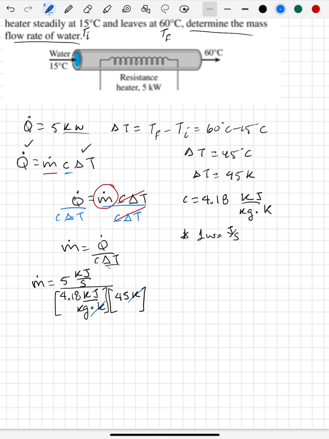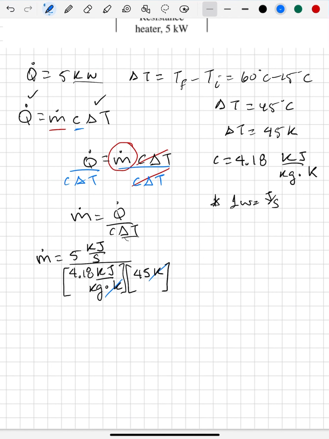Kilojoules cancel over kilojoules, and I think I've gone over this before, but it doesn't hurt to do it all over again. Let me just divide everything.